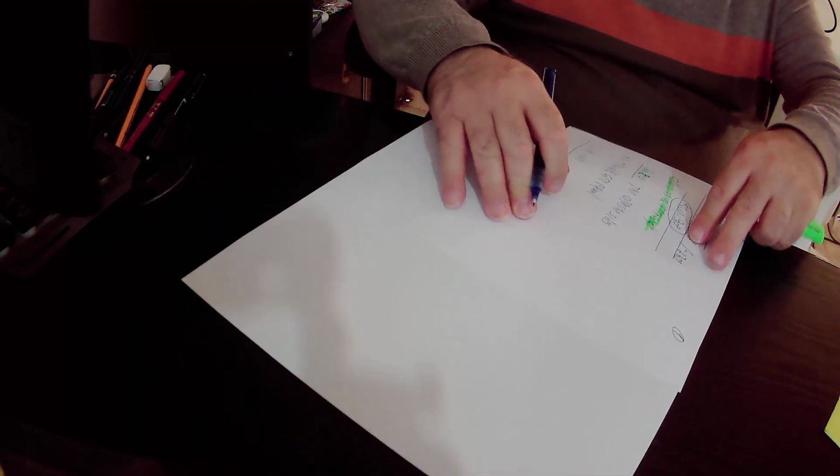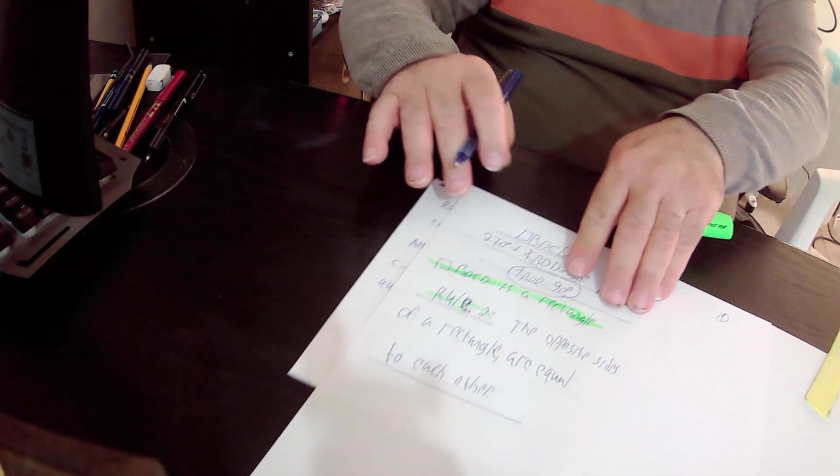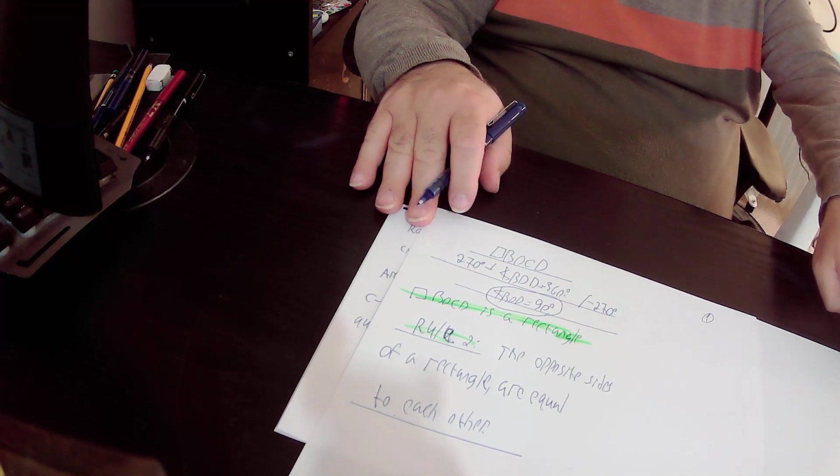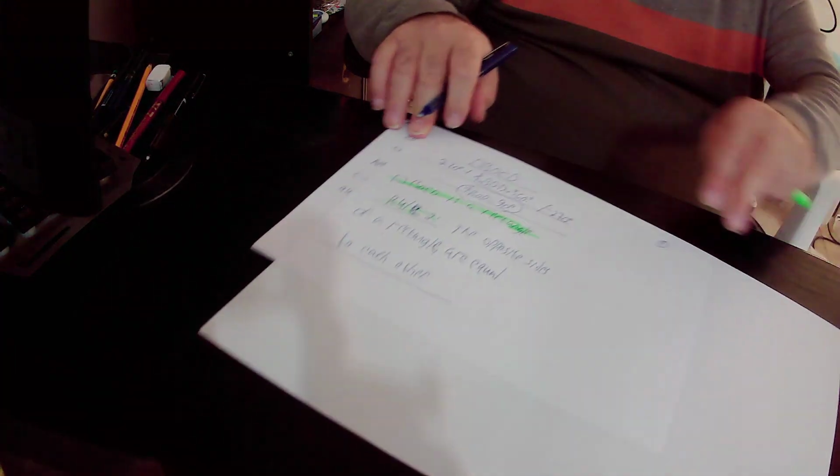I will read rule number 2 again. According to rule number 2, the opposite sides of a rectangle are equal to each other.